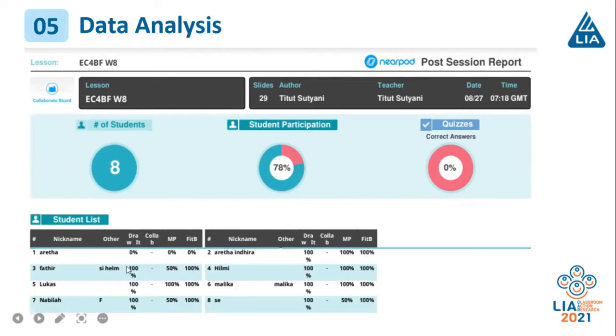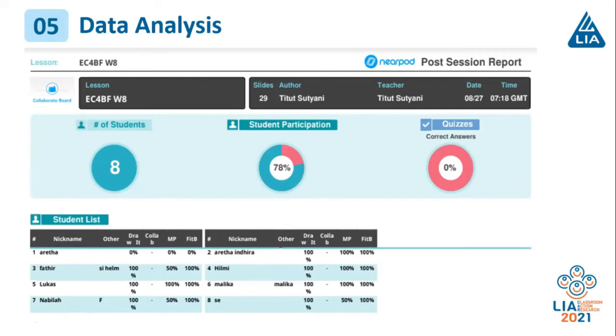Even though we still have 0% here for Areta, Areta also got 100% participation. It happens because she got disconnected, and as I mentioned, the connection problem. So basically there is improvement in student participation in just a month.